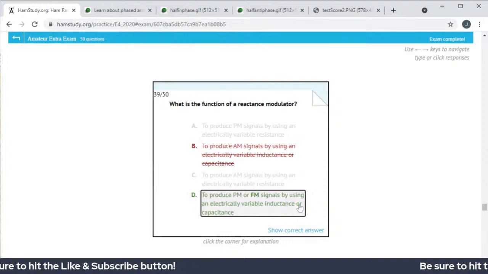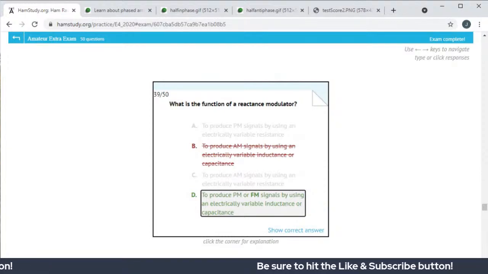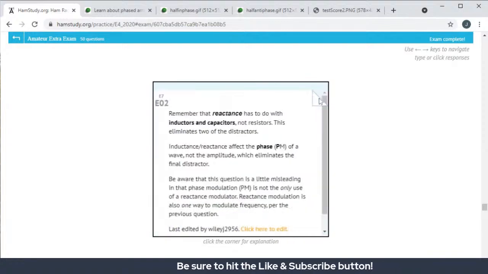Okay, a reactance modulator is used to produce PM or FM signals.